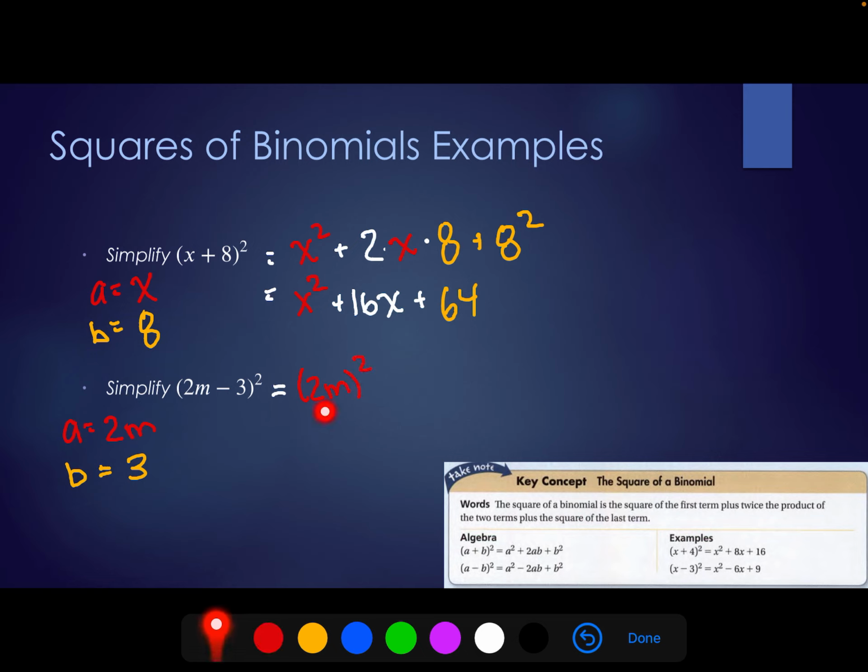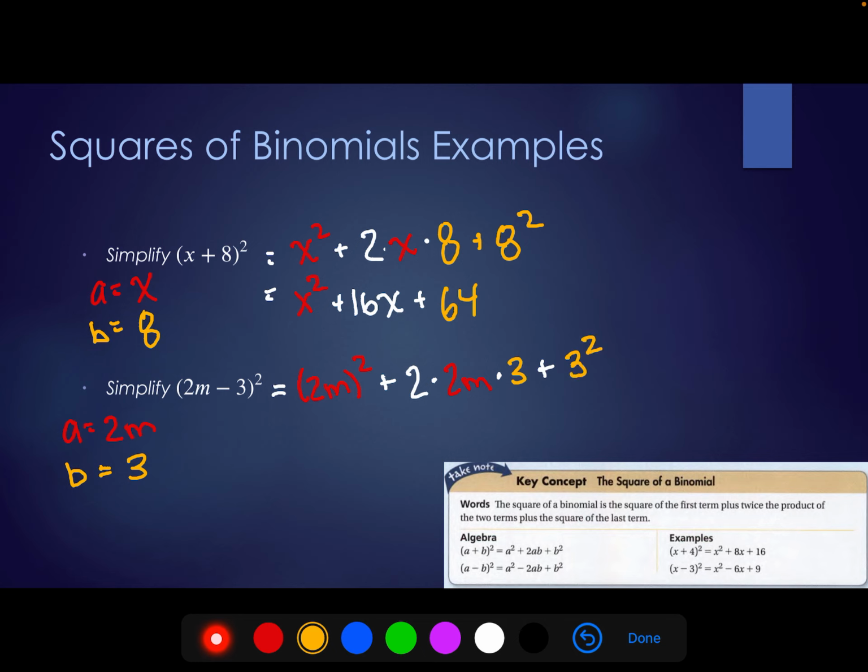This is our entire a term squared, plus 2 times our a value, which we said was 2m, times our b value, which is 3. All right, and now for our last term, we just have to add our b squared, right? And our b we said was 3, so we just have to add 3 squared.